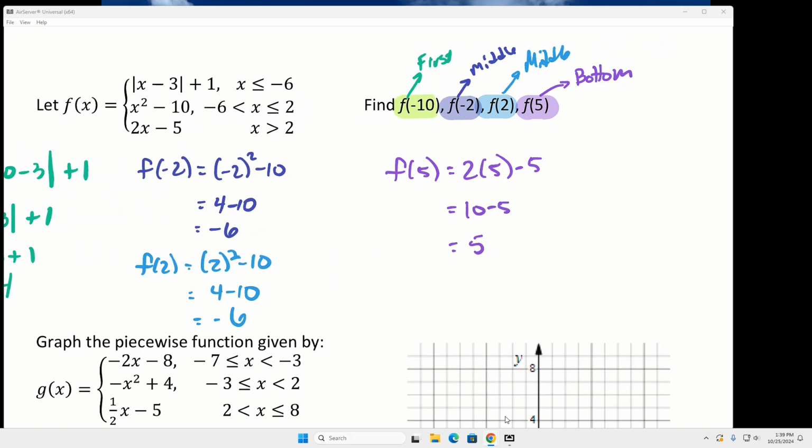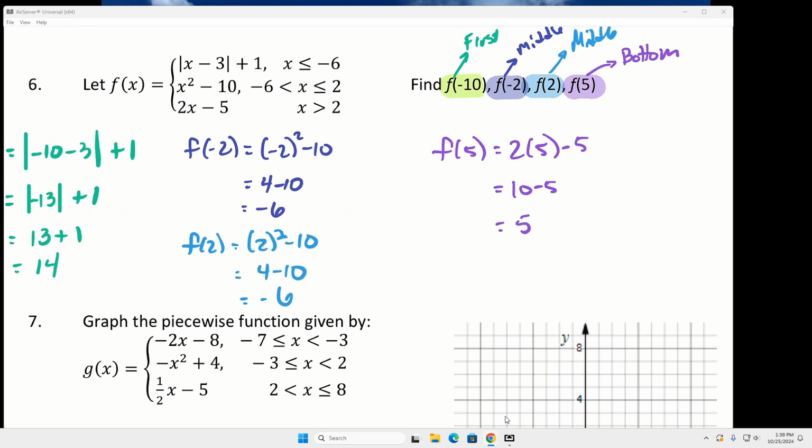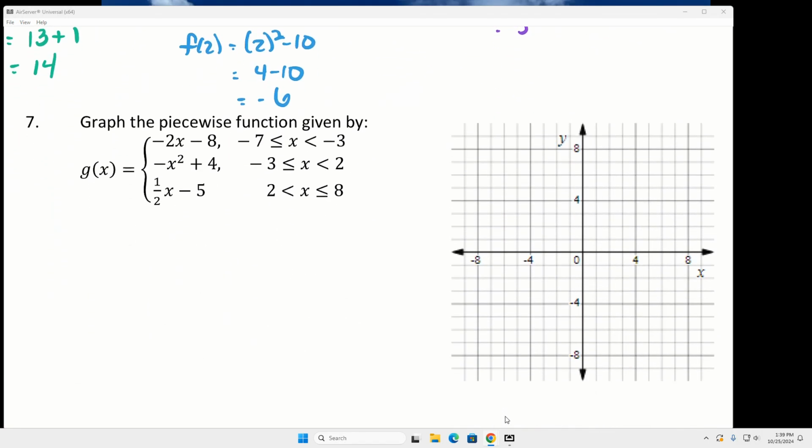So because 5 is greater than 2, we are going to use the bottom one, and then it's pretty simple. Just multiply by 2 and subtract 5. All right, any questions? Okay, let's do a graph.